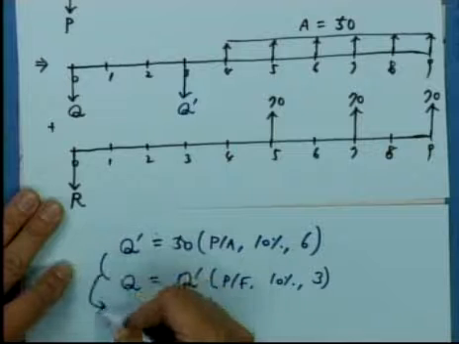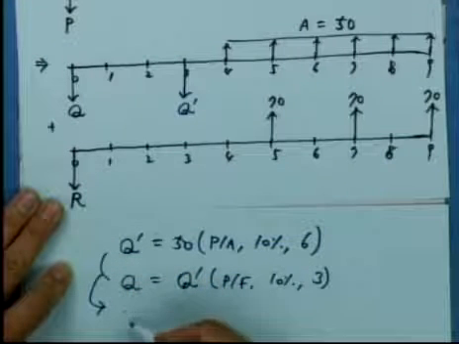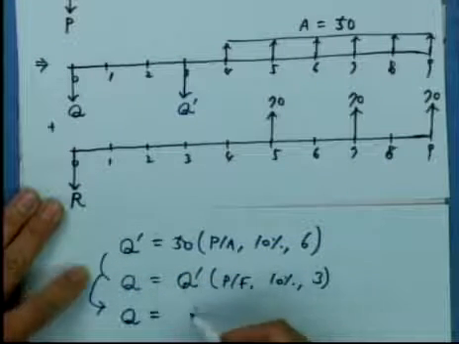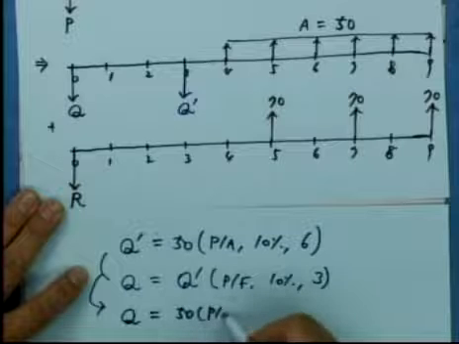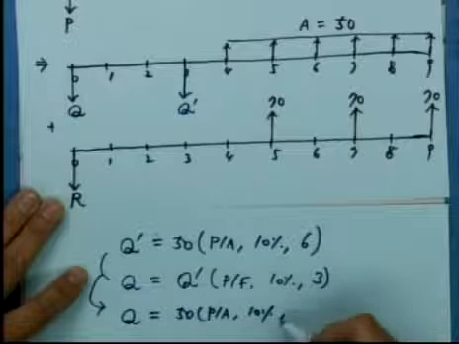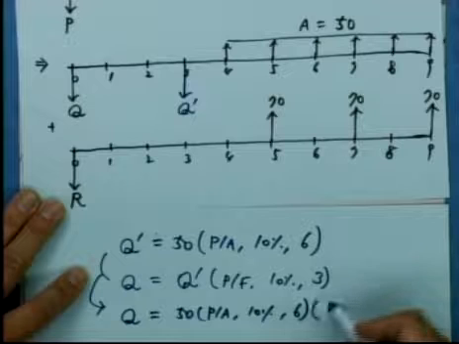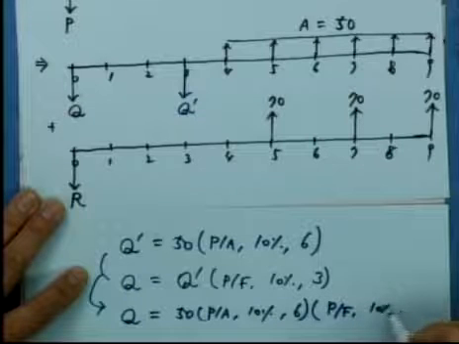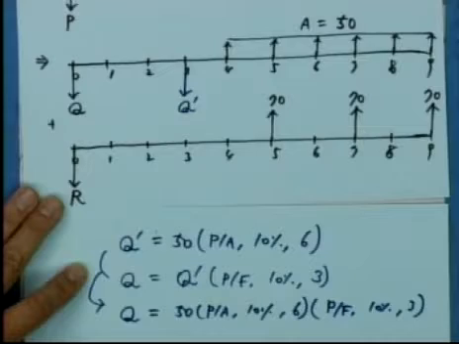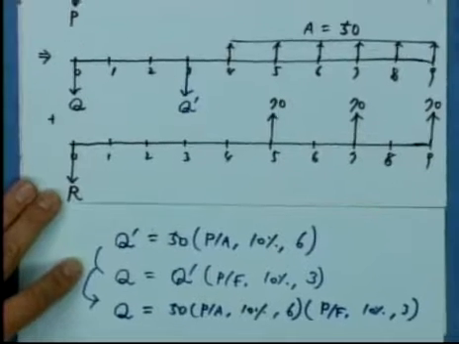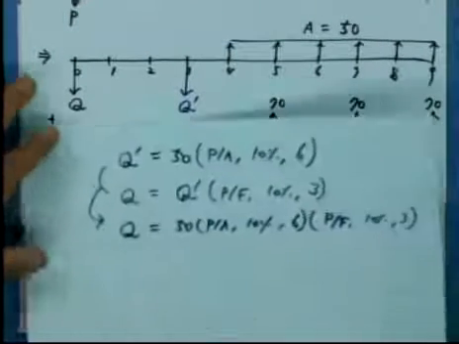And if you combine these two steps, Q equals 50 times P given A 10% over 6 periods times P given F 10% over 3 periods. Okay? This is about Q.